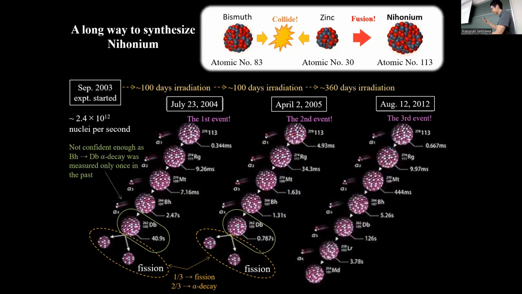So then they continued the experiment with upgrading the detectors and setups and so on, but it took more than 7 years, right? But after this experiment, they finally got a third event. And in this case, it undergoes alpha decays, and those agree with existing data. And finally, with those 3 events, we got the naming license, and nihonium was approved.